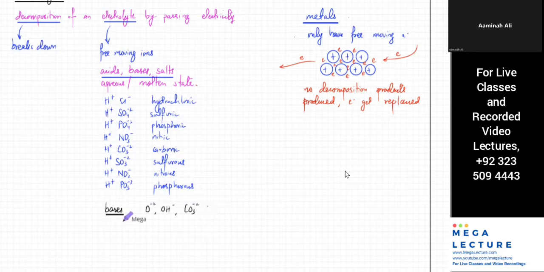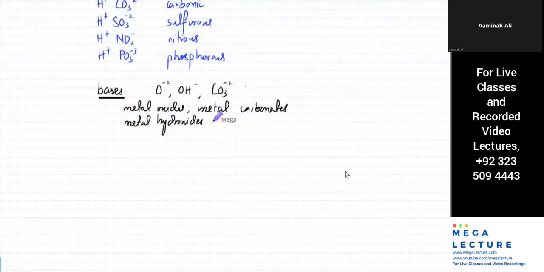You've got metal oxides, metal hydroxides, and metal carbonates. These are all basic because they've got these ions.